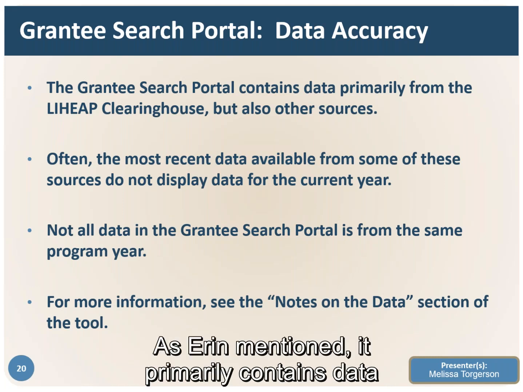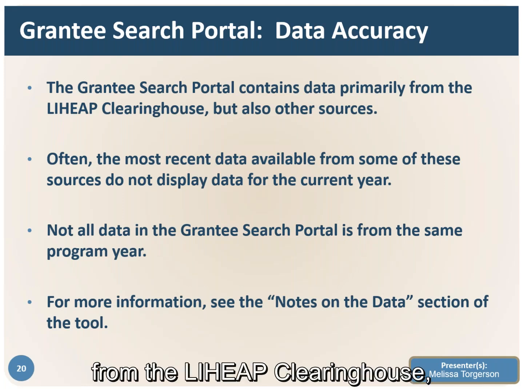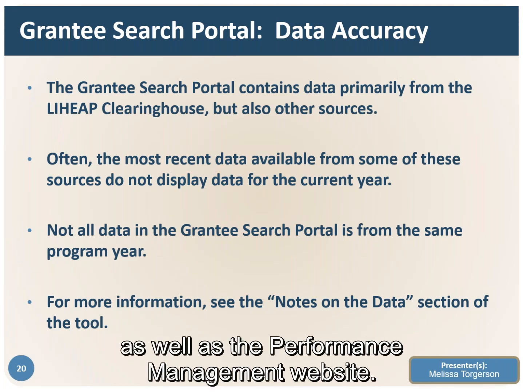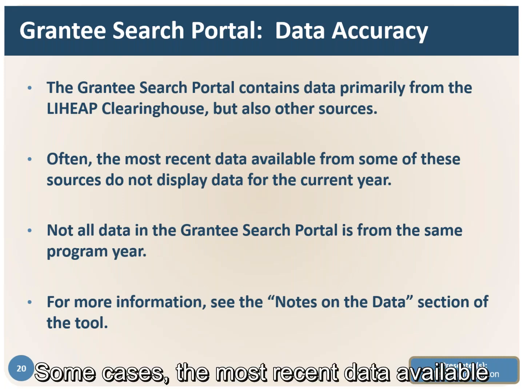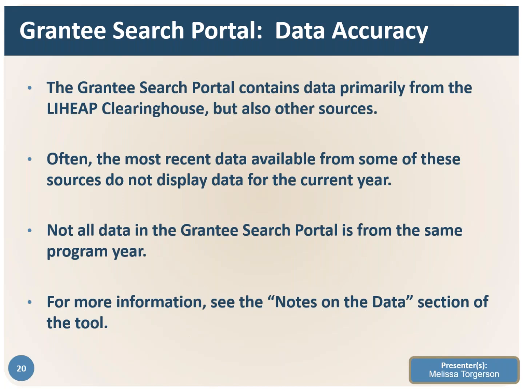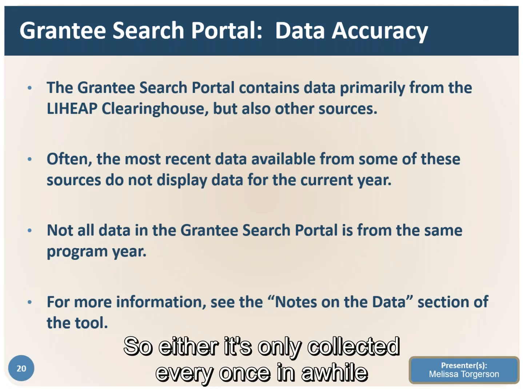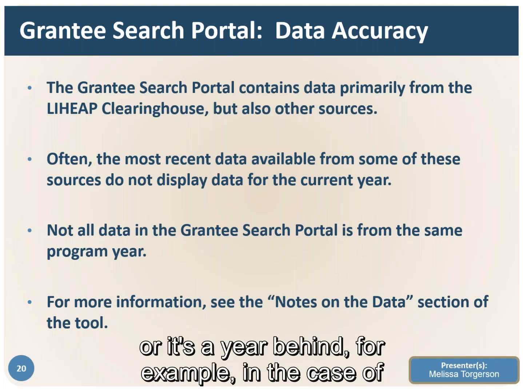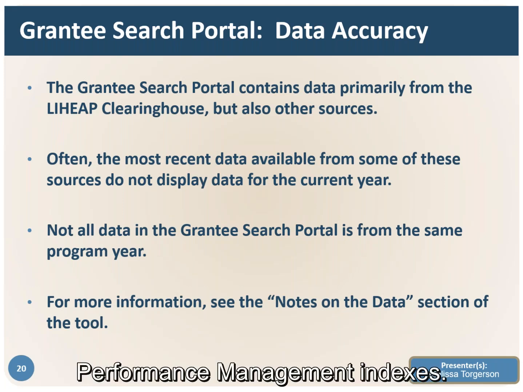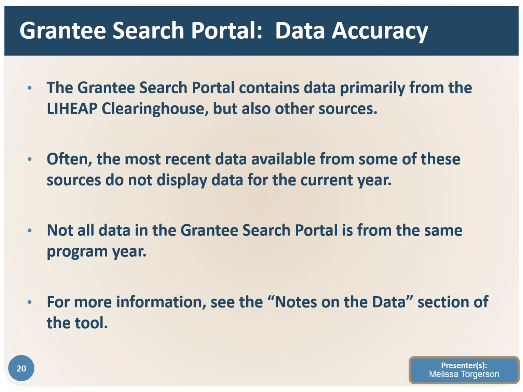As Erin mentioned, it primarily contains data from the LIHEAP clearinghouse, but it also pulls information from the ACF website as well as the performance management website. In some cases, the most recent data available for these sources are not current year data. So either it's only collected every once in a while, or it's a year behind, for example, in the case of performance management indexes.